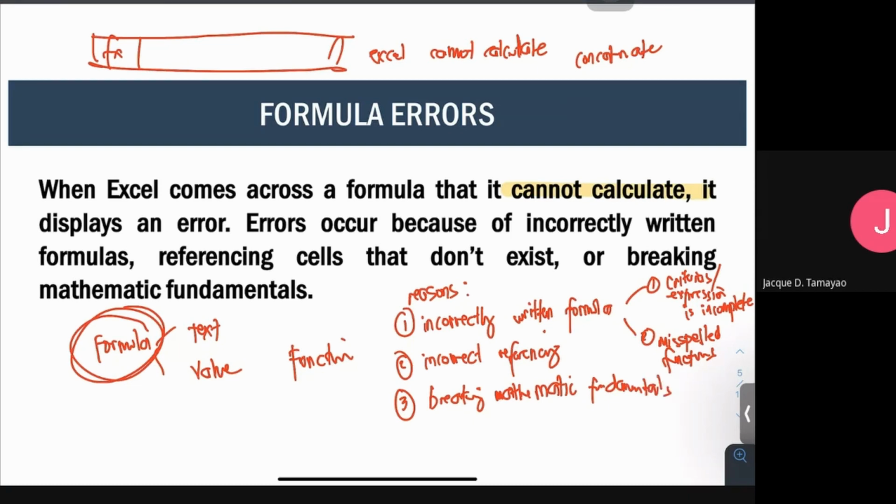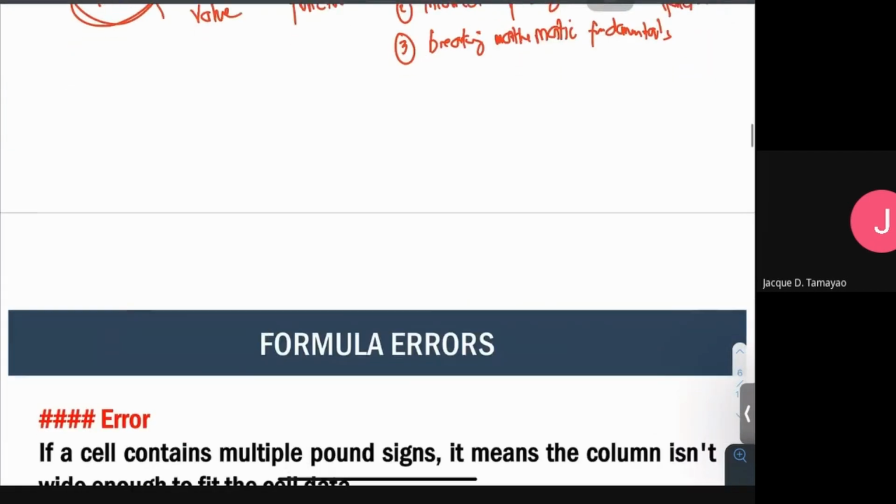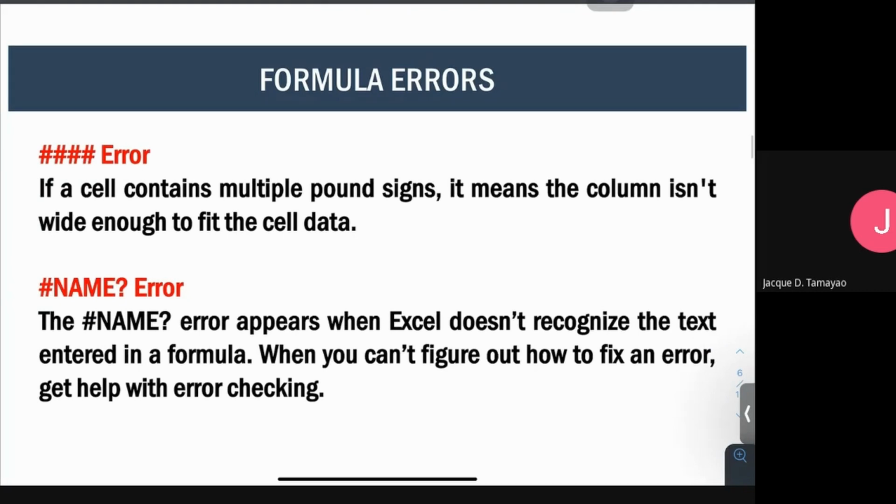Now, after having an idea on what a formula error is, let's discuss different formula errors. Let's start first with the multiple pound sign error. When do we have a multiple pound sign error? There is a multiple pound sign error if the column contains data that is too wide to fit the cell.